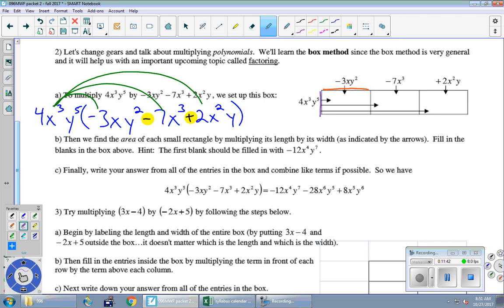We just shuffle the things together that go together. 4 times negative 3, that's negative 12. X cubed times x. Remember, this is where we add the powers. So how many x's do we have? 4. Y to the 5th times y squared. Again, we are adding the powers and get y to the 7. So that's it. That represents the area of that rectangle. Agree?